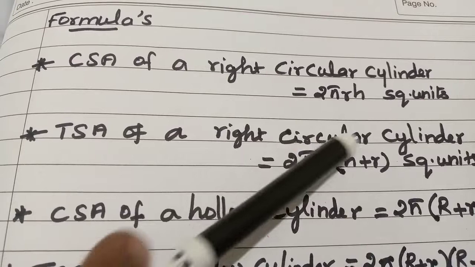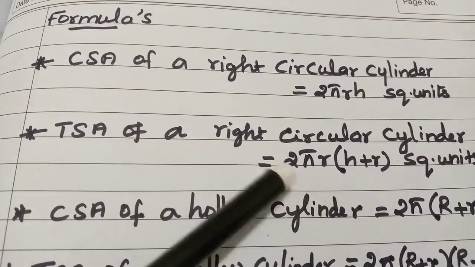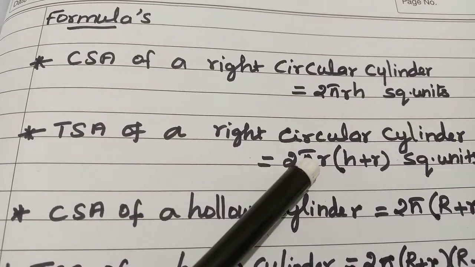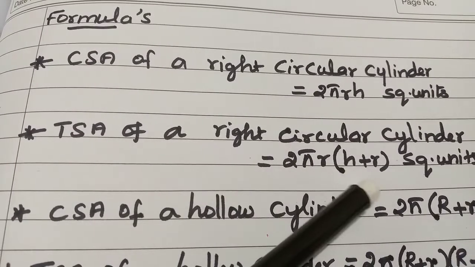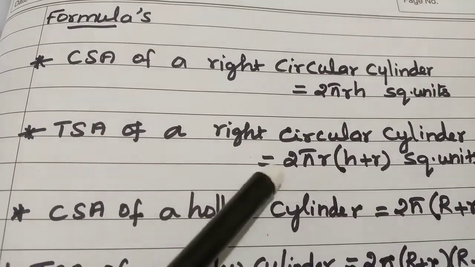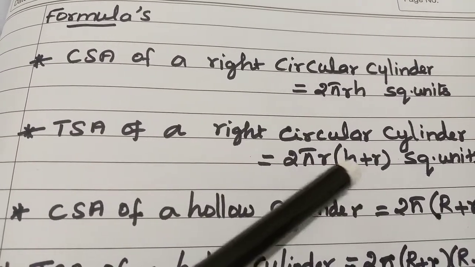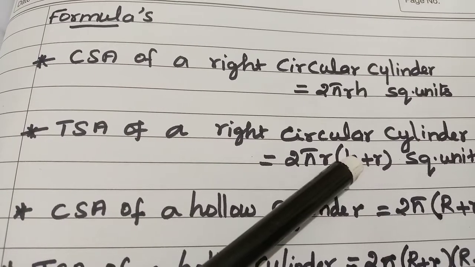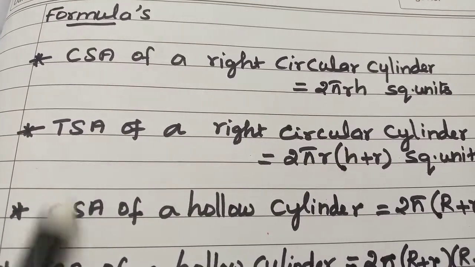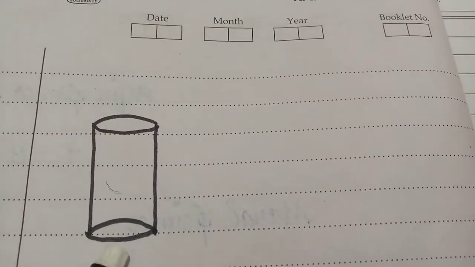Next formula, TSA of a right circular cylinder. TSA of a right circular cylinder is equal to 2 pi r into (h plus r) square units. What is TSA now? Total surface area, meaning this curved outer area plus the top and bottom area.